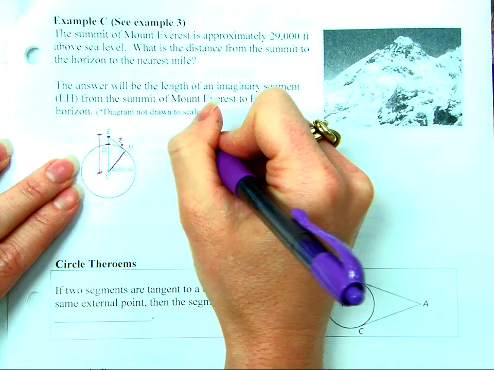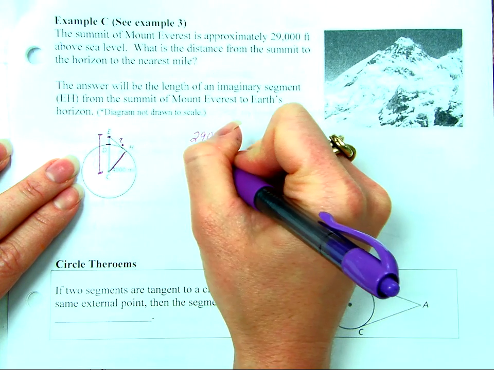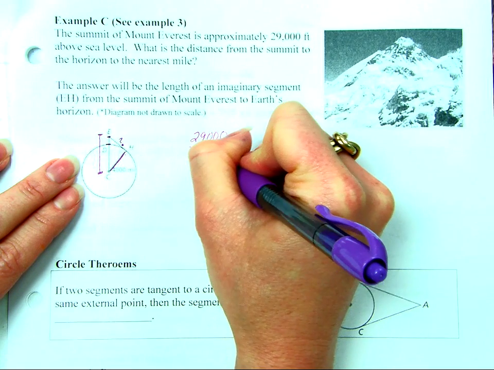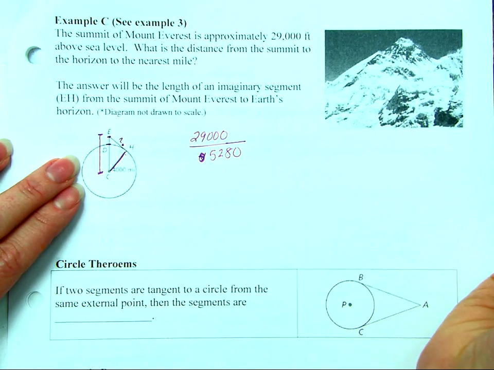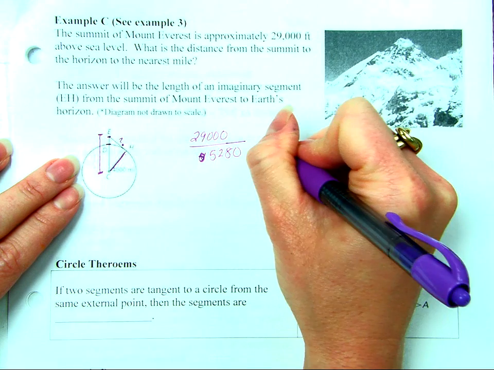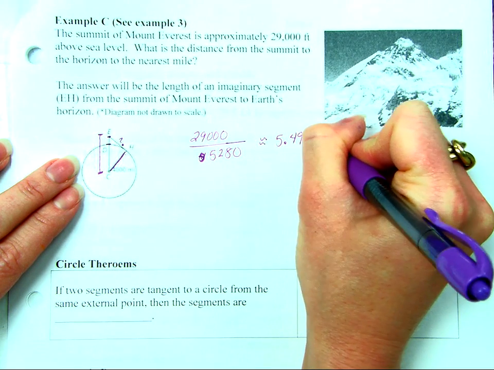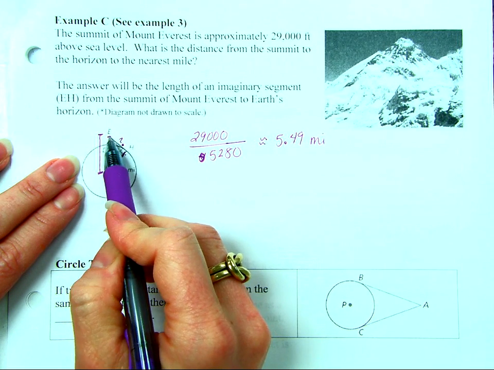If I'm going to work in miles, I'm going to want to take my 29,000 feet and convert that. 29,000 feet, if I wanted that in miles, I'm going to divide by 5,280. And we would find that we get about 5.49 miles. So this little section in here is 5.49 miles.